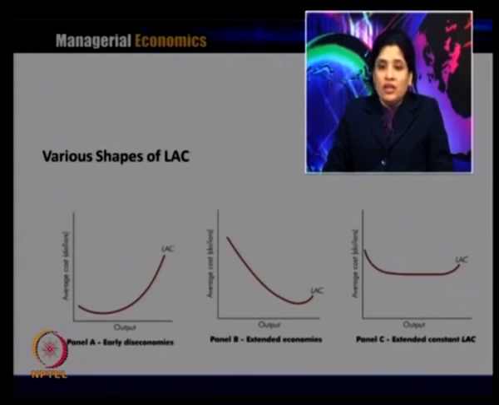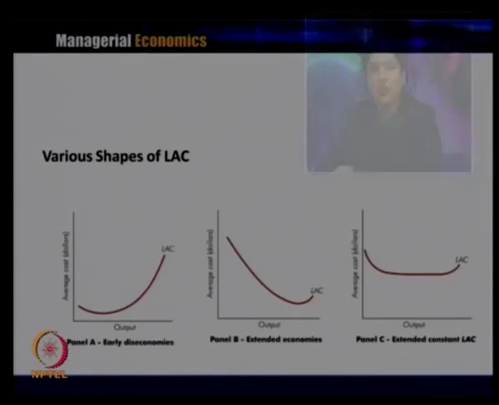Then if you look at the second graph, that is extended economies, in this case the decreasing portion of the cost of production is more than the normal or regular level, and this is the evidence of extended economies. Extended economies means the reduced cost of production is enjoyed to a larger extent by the firm.